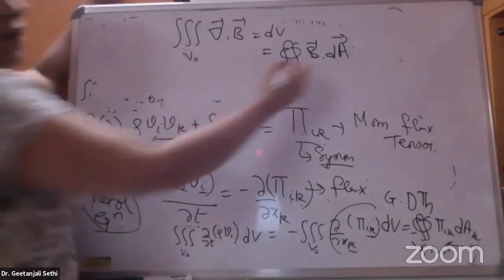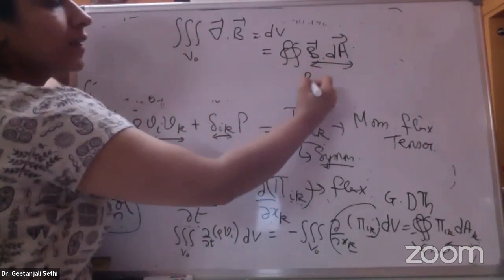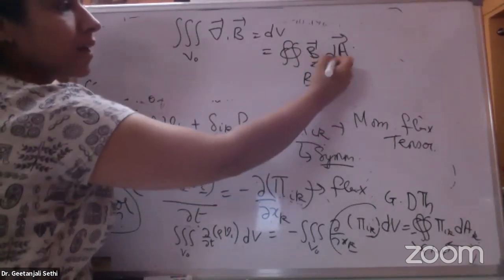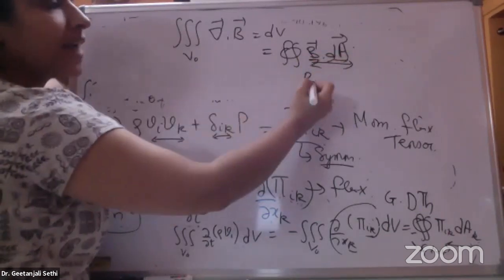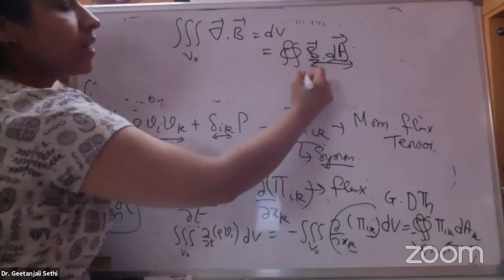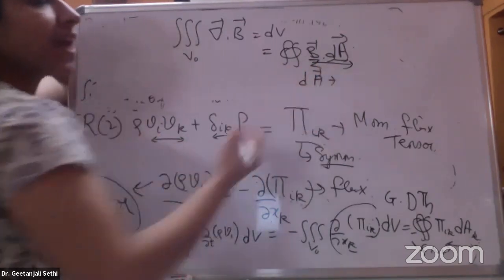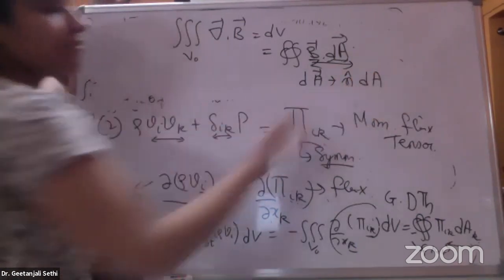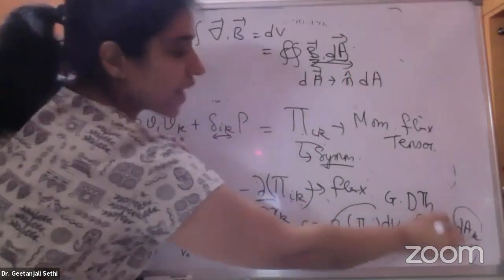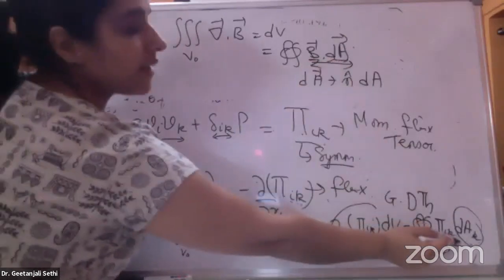like this. Now when you do a dot product, what do you mean? That this is nothing but vector element, or you look at the component of b along the area element. So there is a direction, a sense of direction that you associate with an area element, which is normally given by the normal to the surface, right? So it's just writing this thing in tensor form.